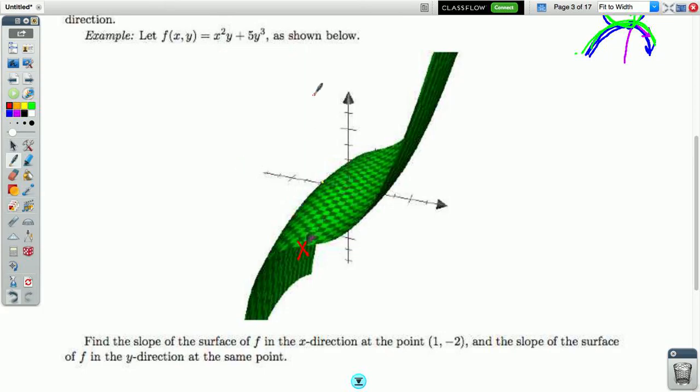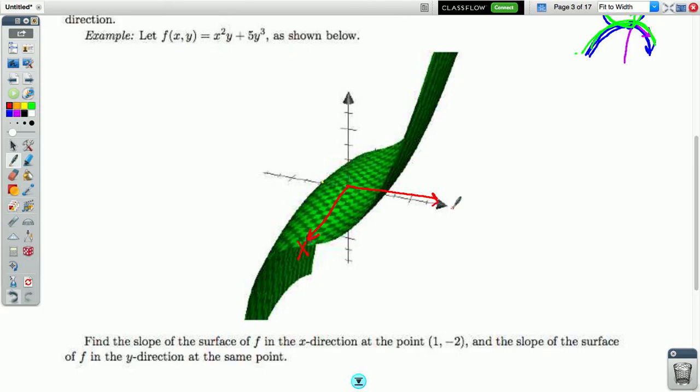If you're starting your right hand rule here, your pointer finger is going to be facing in this direction, almost like it's facing back toward you. And then your middle finger is going off to the side.